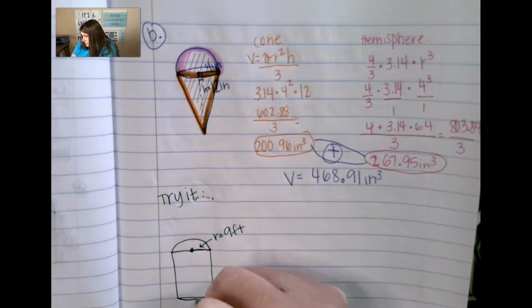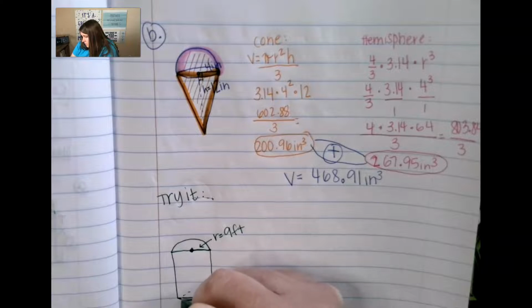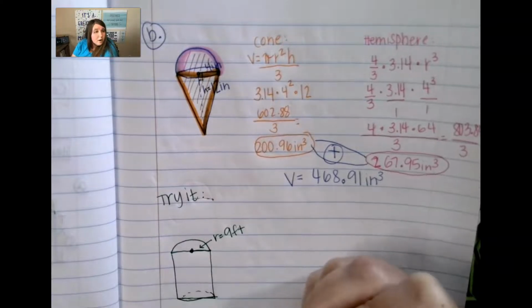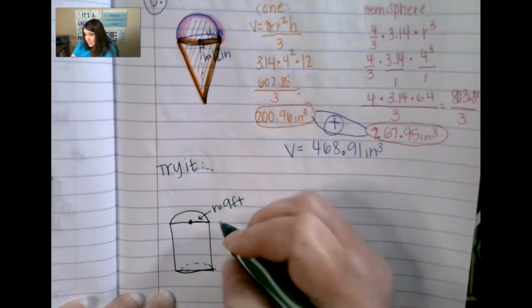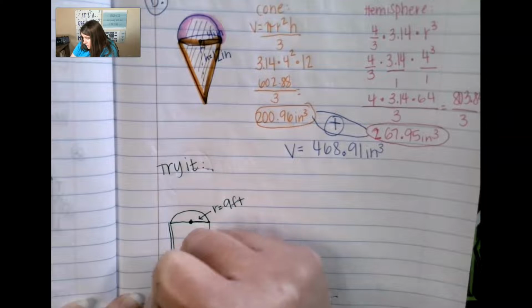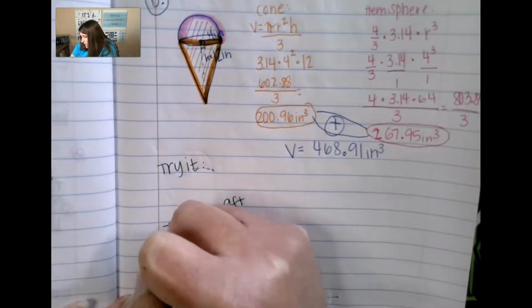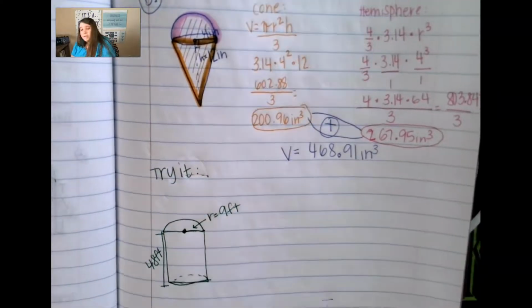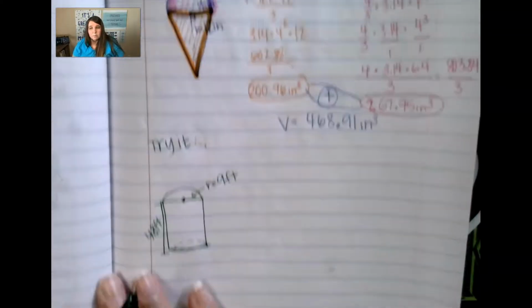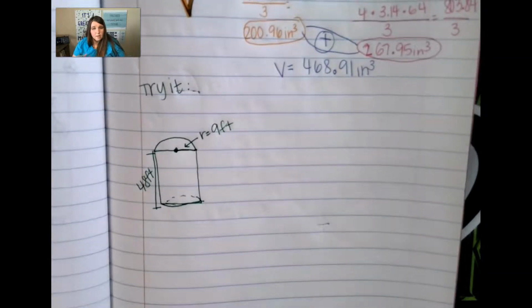And then the cylinder part is 48 feet. So from here to here is going to be 48 feet. All right, go ahead and hit pause right now so you don't hear me solving this. And then when you're ready, come on back and start to check your work.